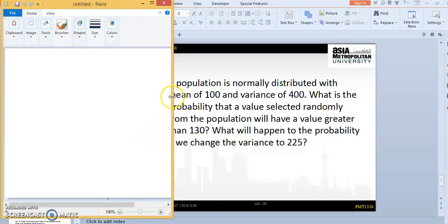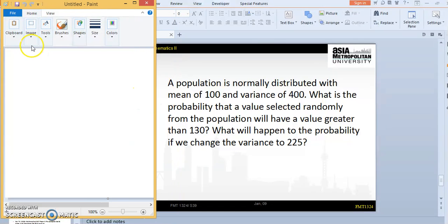You have a mean value of 100, so your mu equals 100. Standard deviation is equal to, oh sorry, square root of 400.